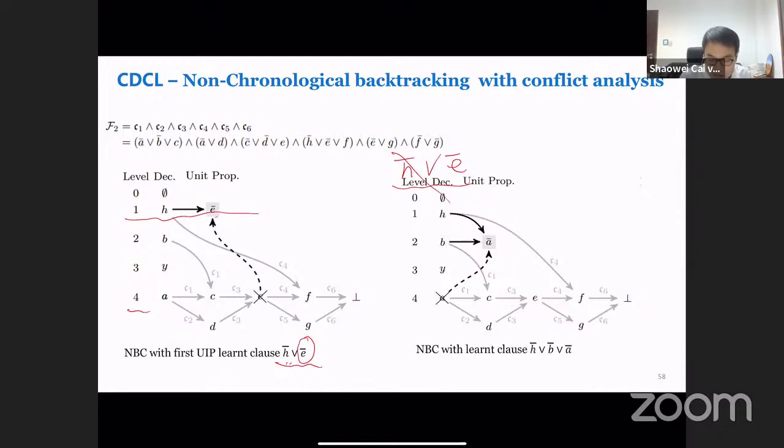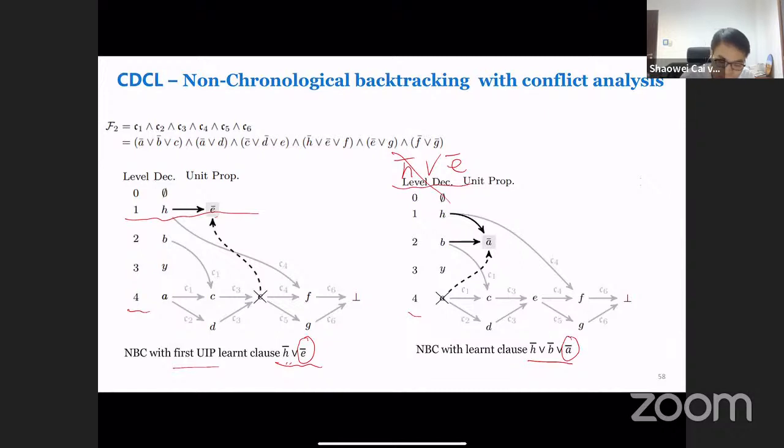If we learn the clause in another way, not stopping at the first UIP but going further, then we learn this clause, no H or no B or no A. Okay, what about this case? Which level to backtrack to? The principle is the same. We find the current decision level, which is 4, and no A is on the current decision level.